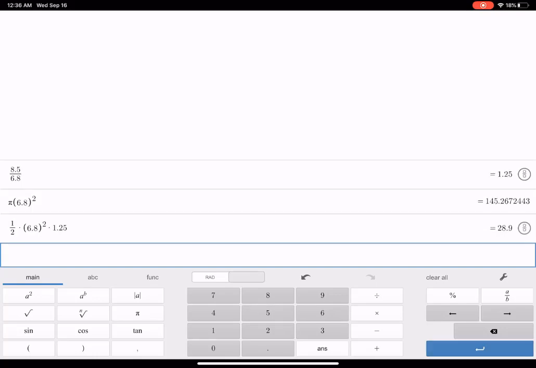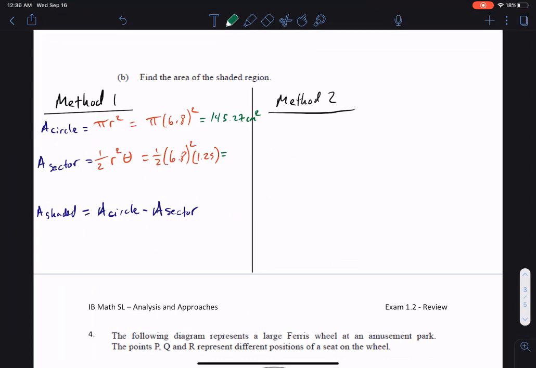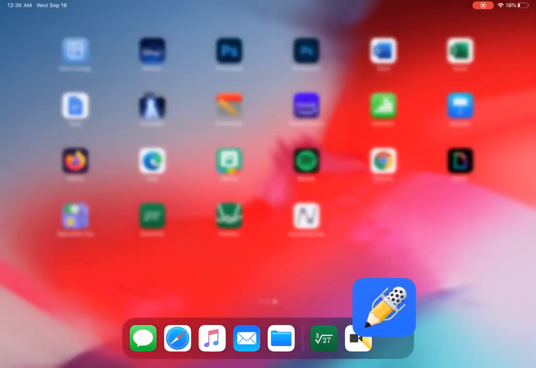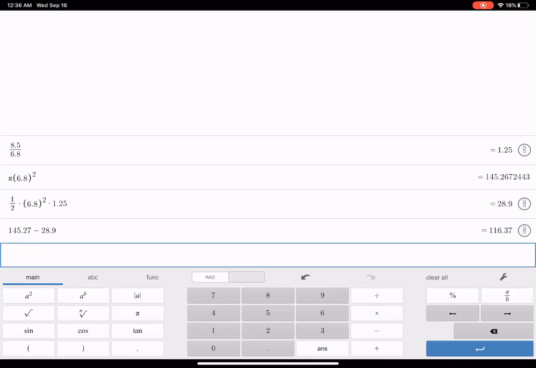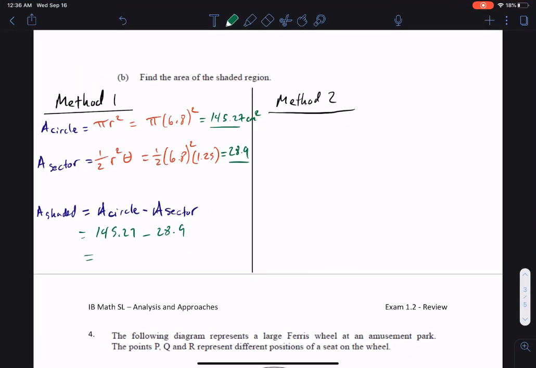So this will be 28.9. And now that I have this and this, I'm going to subtract them. So this is 145.27 minus 28.9. This will be 116.37. This will be in square centimeters.